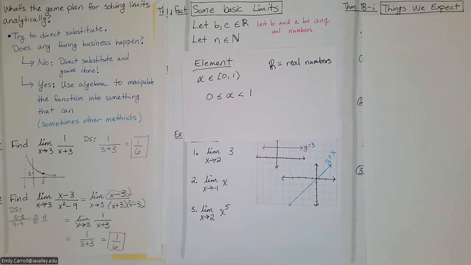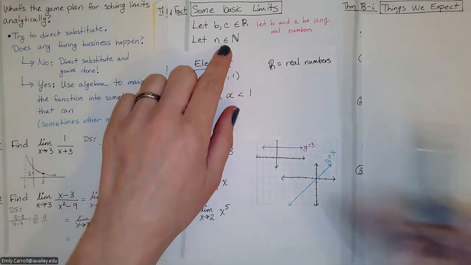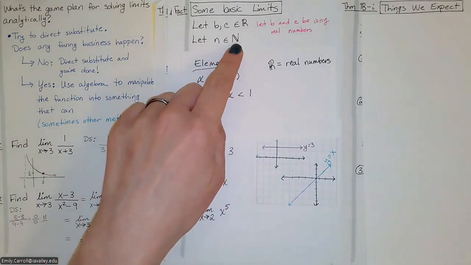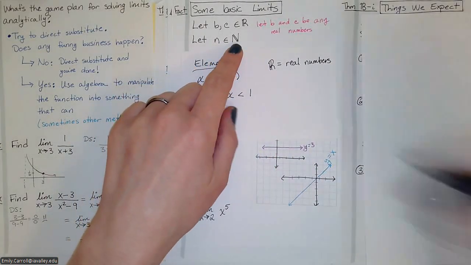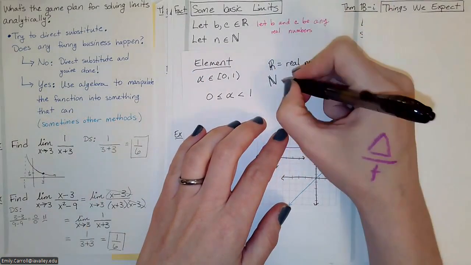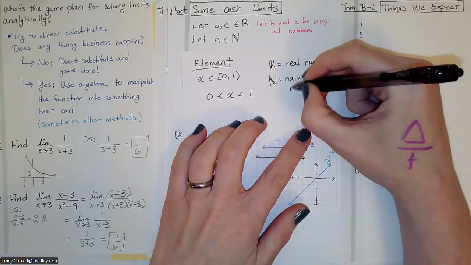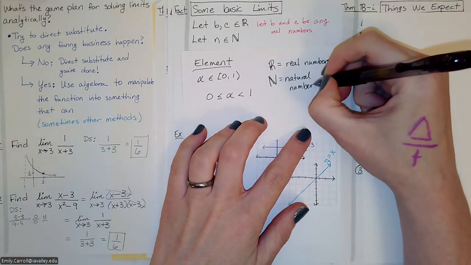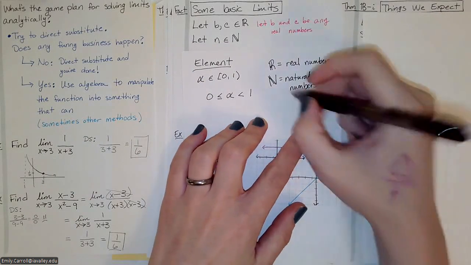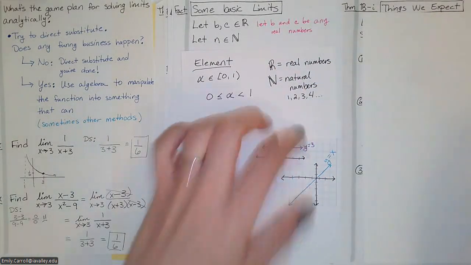Then I have an N. Let N be an element of funky looking N. This is a blackboard bold letter N. This stands for the natural numbers. And the natural numbers are 1, 2, 3, 4, etc.